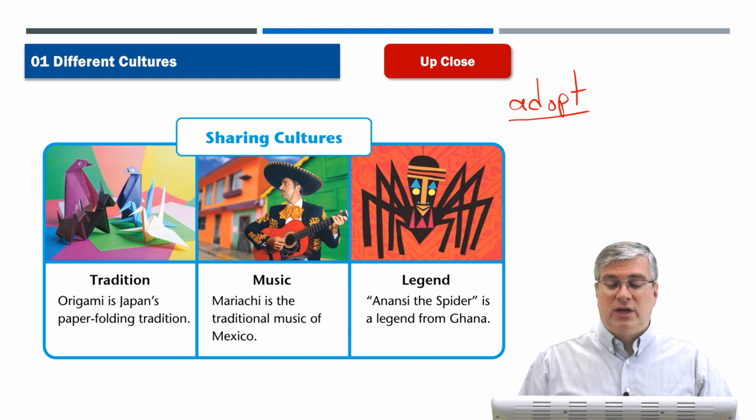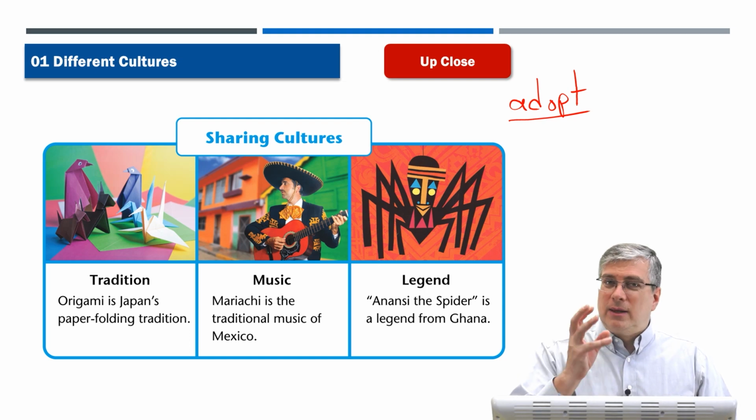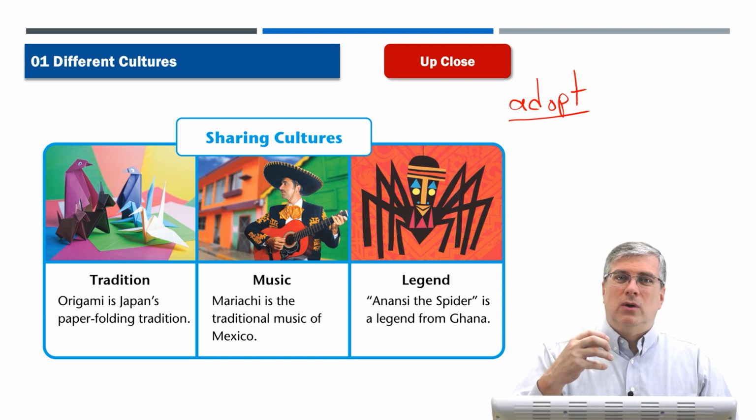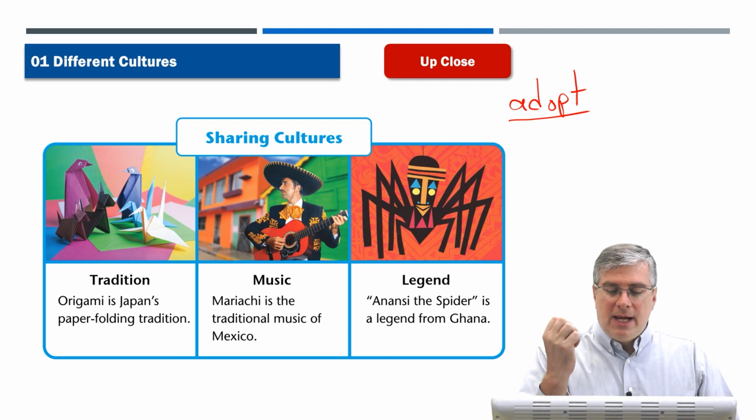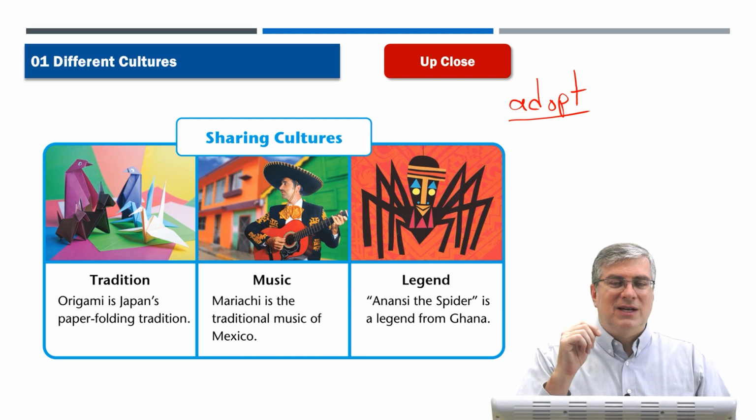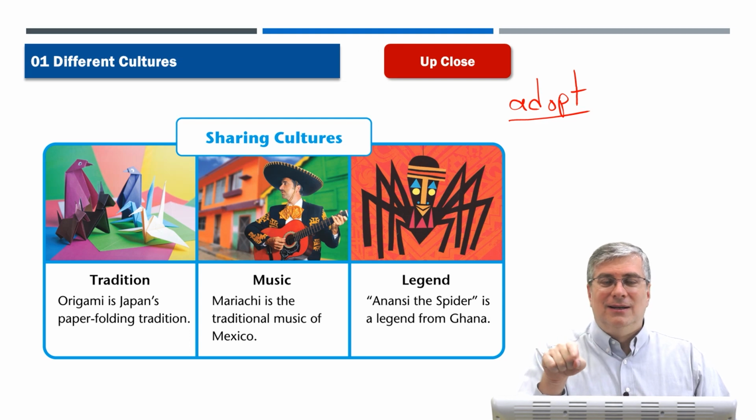Next, we have a tradition coming from Ghana. Ghana is a country in Africa, and we have a legend. So again, legends are old stories, you know, about maybe talking animals or heroes that do fantastic deeds. Well, from Ghana is this legend called Anansi the Spider. Anansi. When I first thought, how do you pronounce that? I looked it up. It sounds like Nancy, like a Jane, but no, don't say Nancy, just say Anansi.